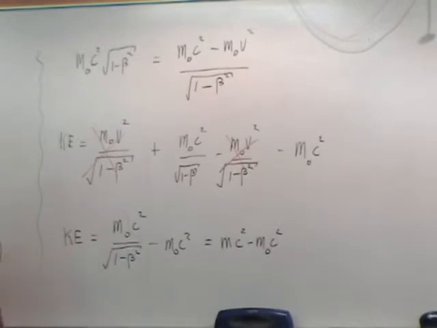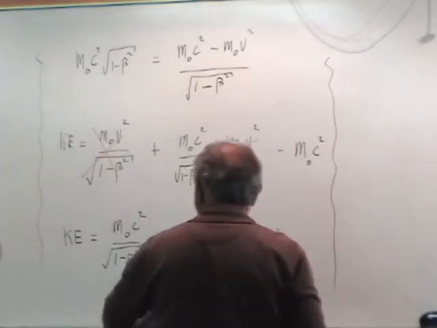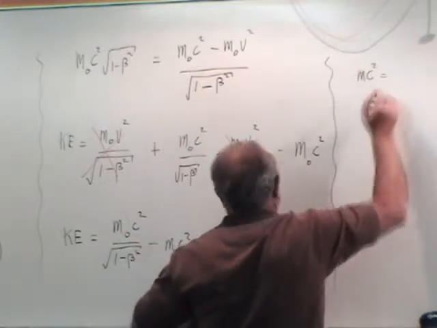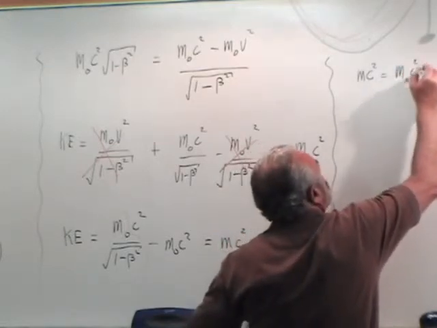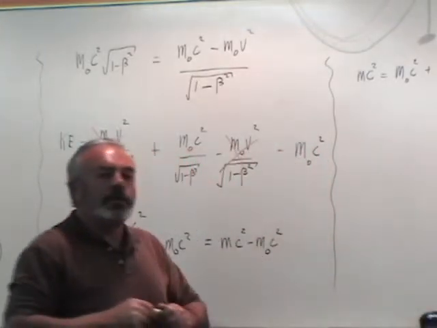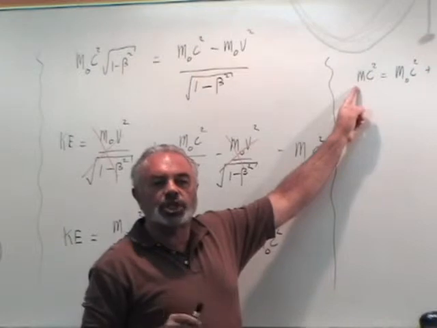That's how Einstein made the discovery, ladies and gentlemen. E equals mc squared. Or a better way of writing it, I like it better anyway, is to write that mc squared is equal to m naught c squared plus kinetic energy. And then we realize that this term, mc squared, is total energy.